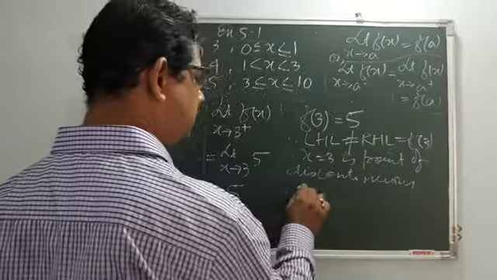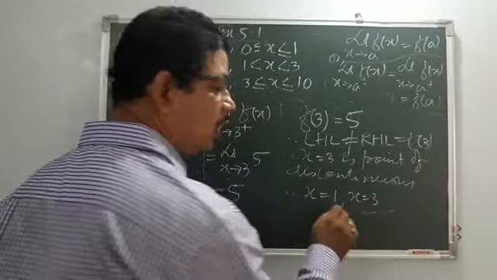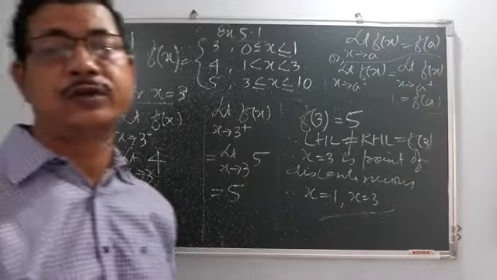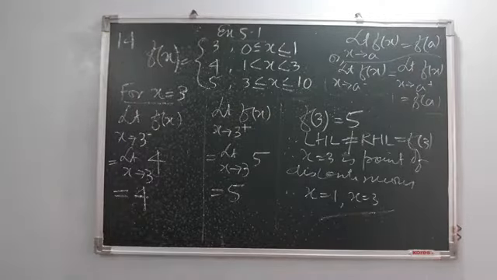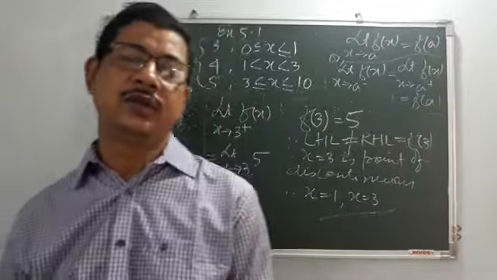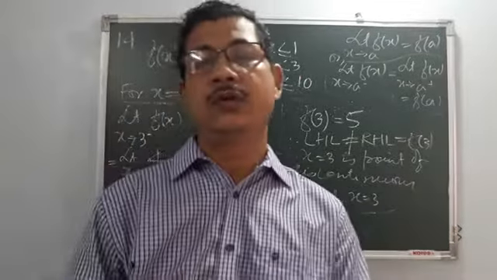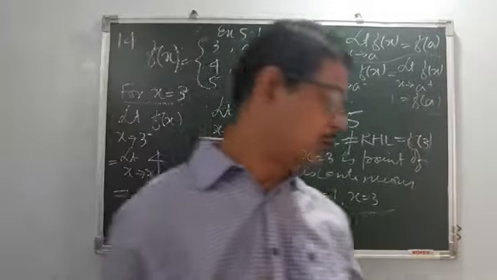So x equal to 1 and x equal to 3 are both points of discontinuity. At these two points, f(x) is discontinuous. In this sum we find two points of discontinuity.